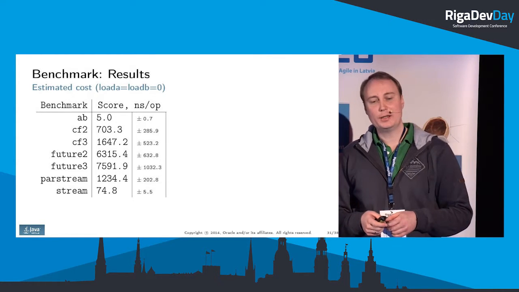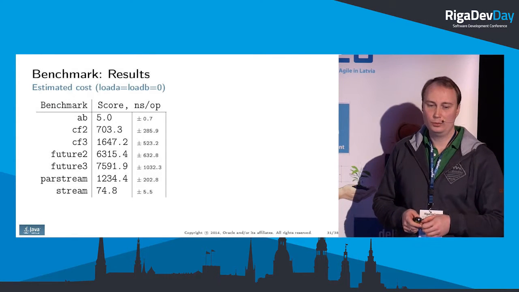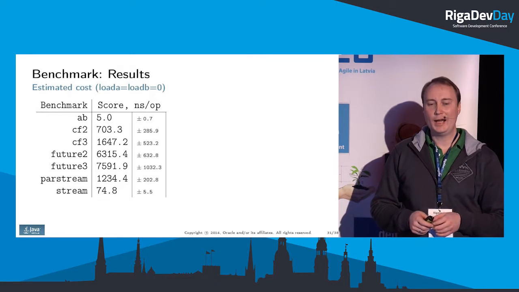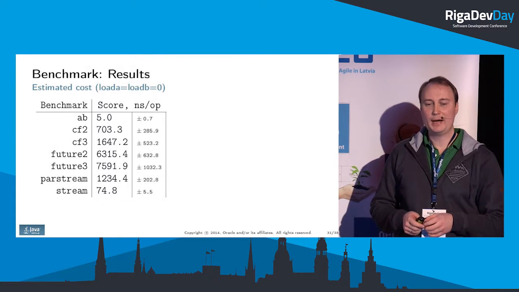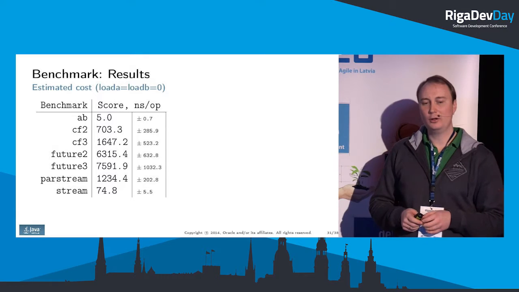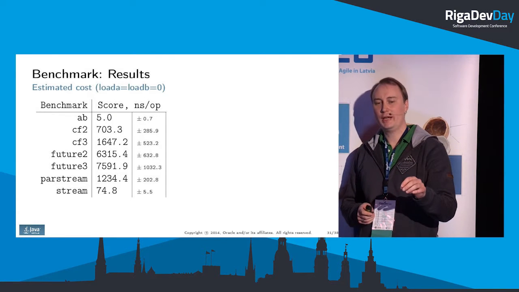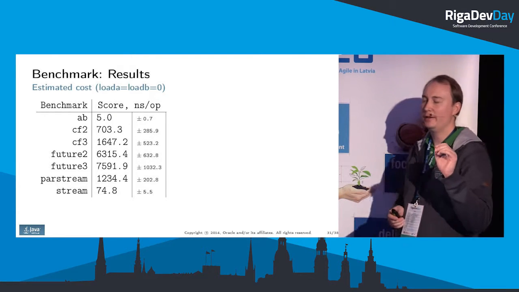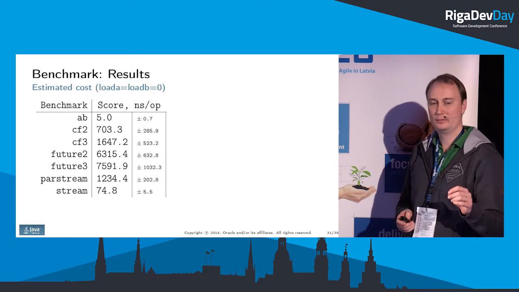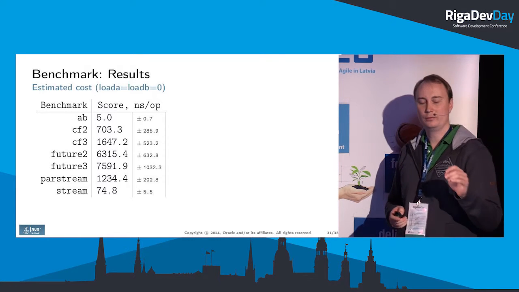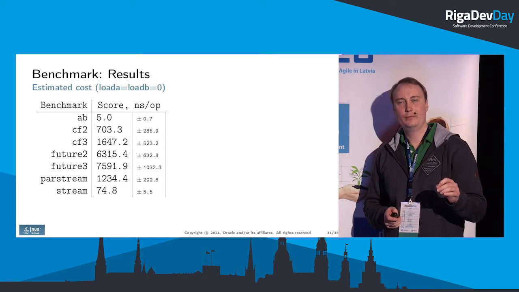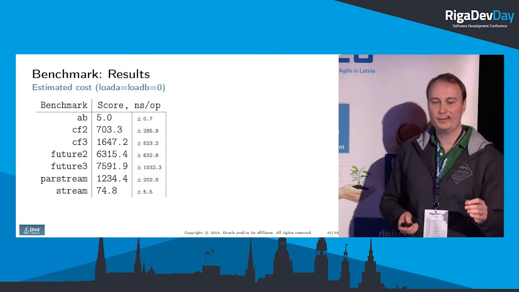So you see it's up to 8 or 9 microseconds, compared to almost nothing for the sequential case. There it is 5 nanoseconds. So you see a 1,000 times difference.